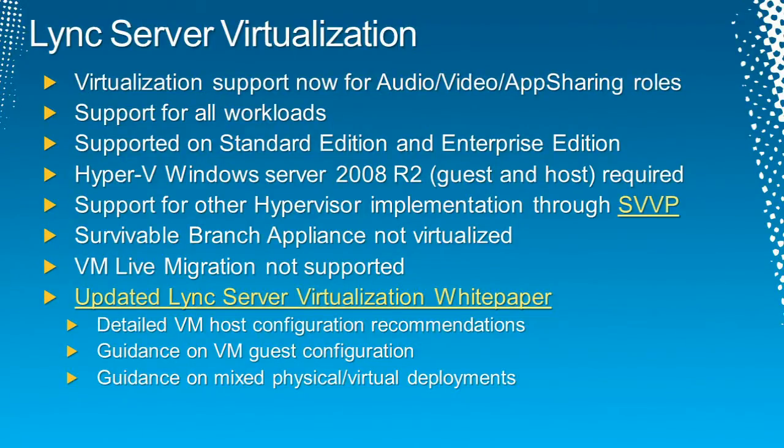To give you an example, if you have a VM host with a single 1 gigabit NIC interface, and you're running 4 VMs on it, and all 4 are front ends all running a conference, you can quite easily hit the limit of 1 gigabit Ethernet.